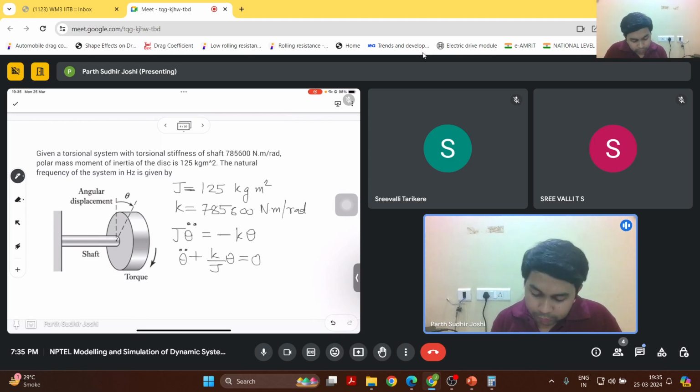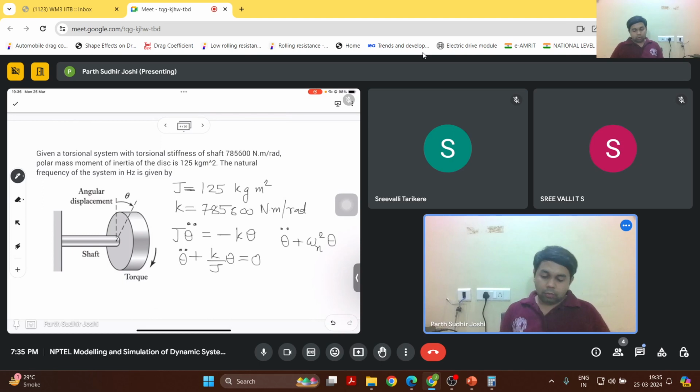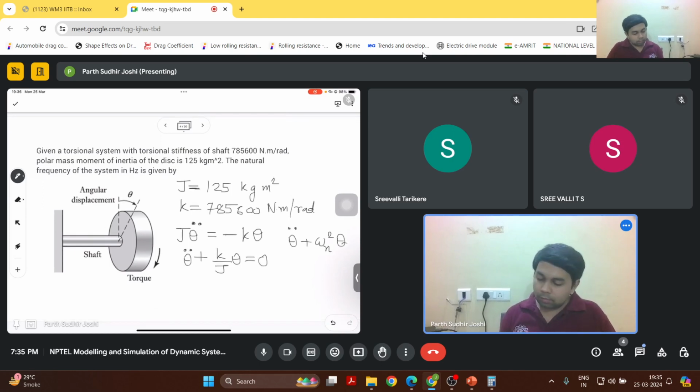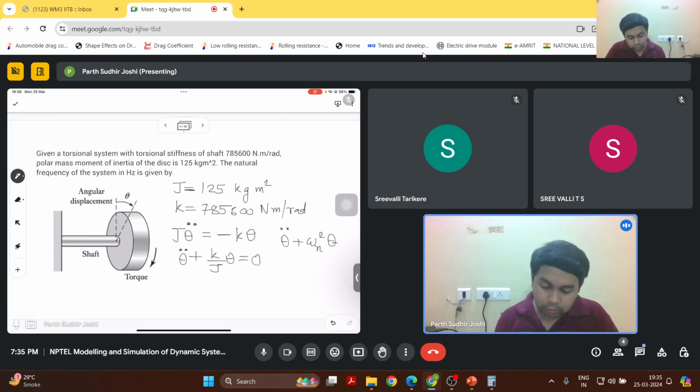And we can compare it with the standard form for a single degree of freedom undamped system, where damping is not present.